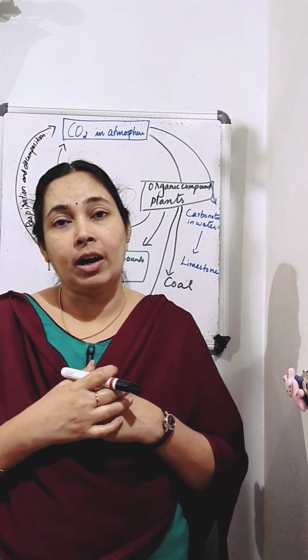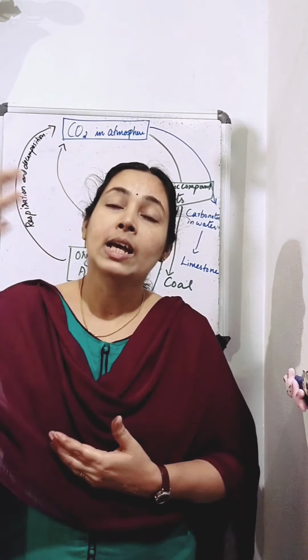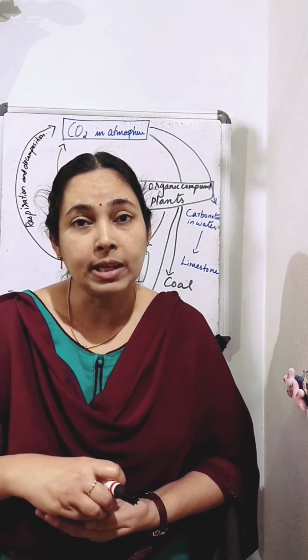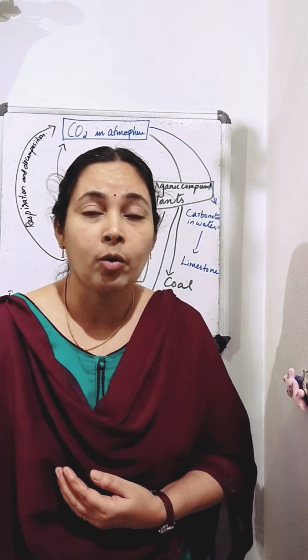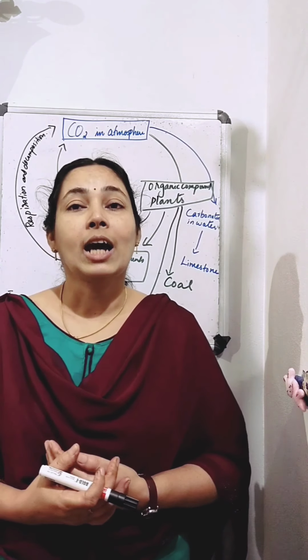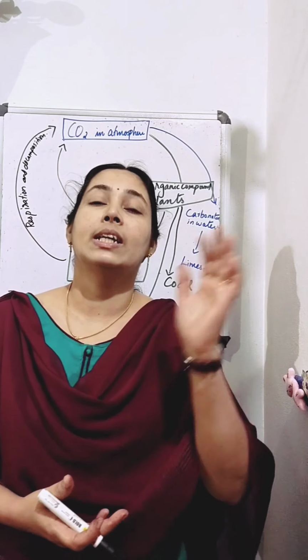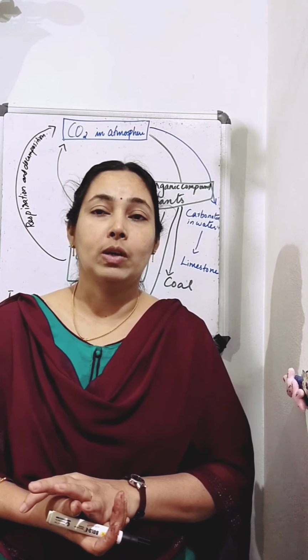Carbon dioxide is given out. So for photosynthesis, carbon dioxide is taken into the body, and during respiration, carbon dioxide is given out from the body. Thus, carbon dioxide is released during respiration, and this carbon dioxide then goes back into the atmosphere.